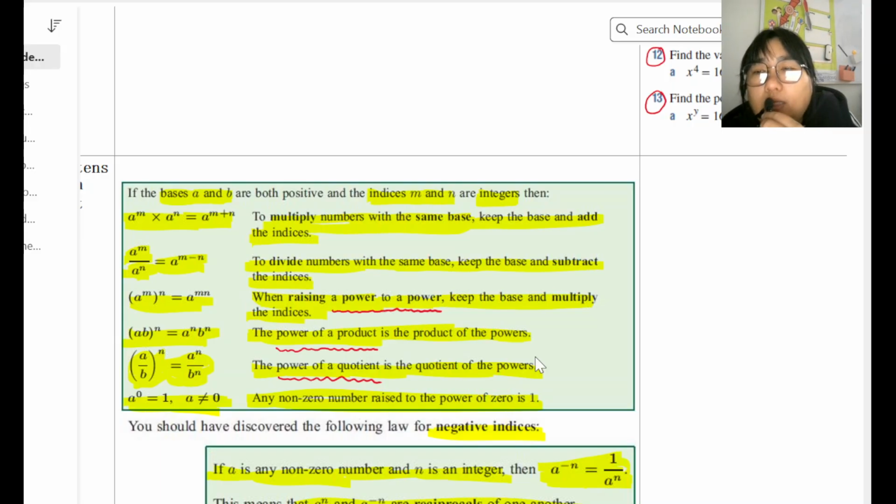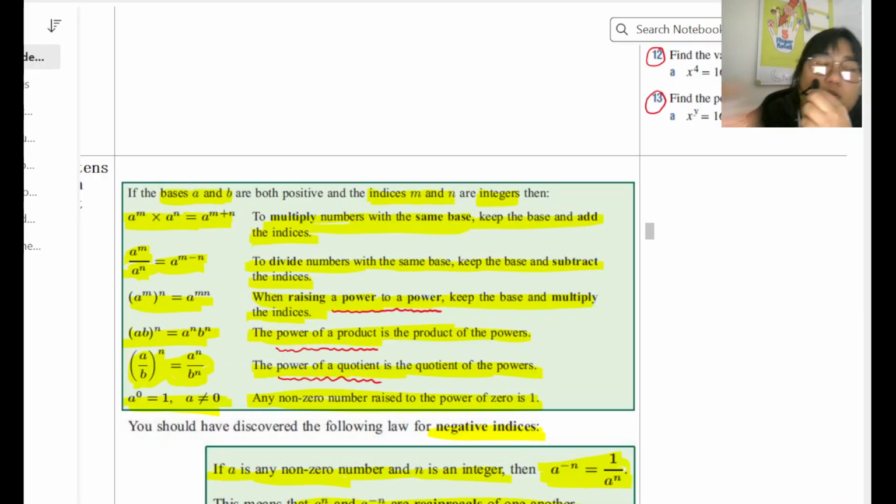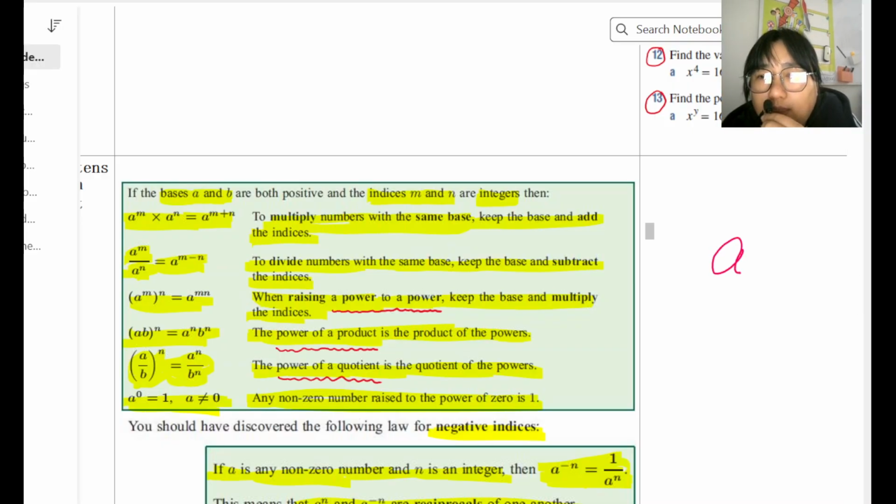At the beginning when we study indices, first you have to know you have a base a, to the power of m. For example, 2 to the power of 3 means 2 cubed. So it means 3 lots of 2 times each other.